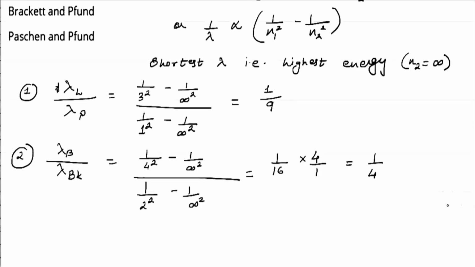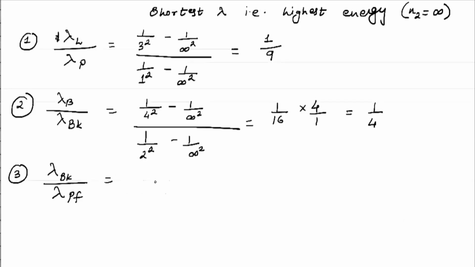Advancing forwards, Brackett again comes up over here, wherein N1 will be equal to 4, and for Pfund, N1 will be equal to 5. So accordingly, let us proceed. Lambda of Brackett upon lambda of Pfund. For Pfund, I would be using PF. P has already been used for Paschen, and that is the reason we are using it this way.